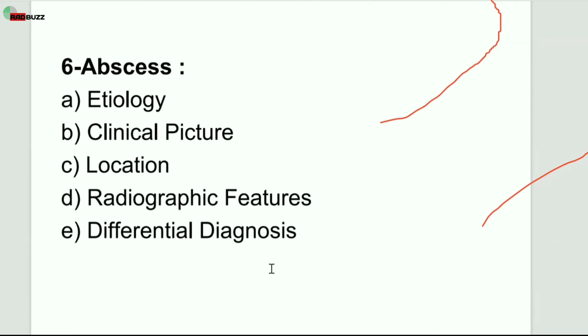Okay, so just to summarize tuberculosis, we have seen three patterns of tuberculosis. Primary tuberculosis: consolidation, nodes, effusion, or a proper mass-like appearance. Second, post-primary TB: cavitation is a hallmark.